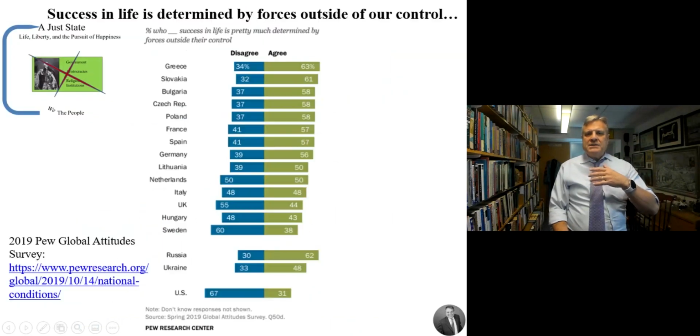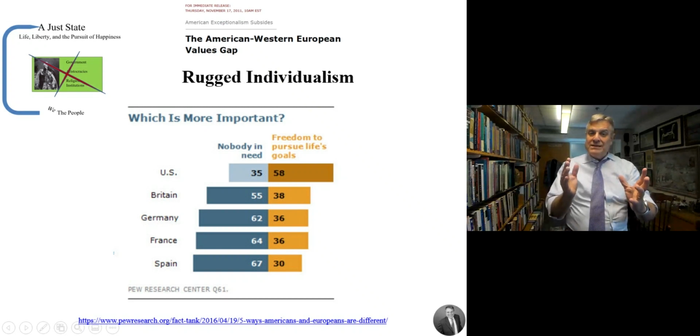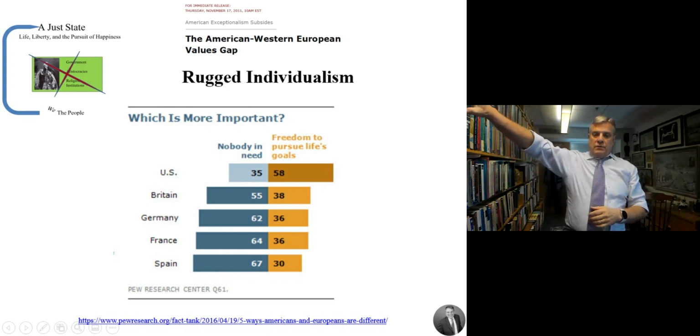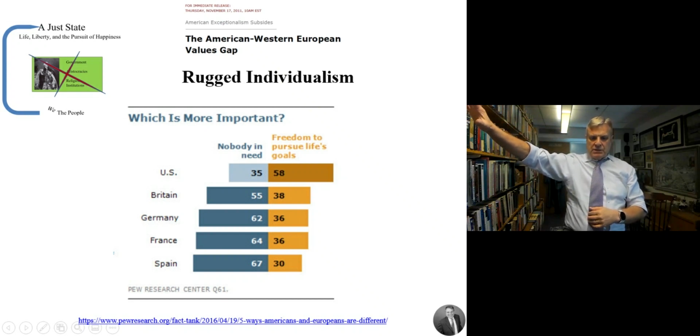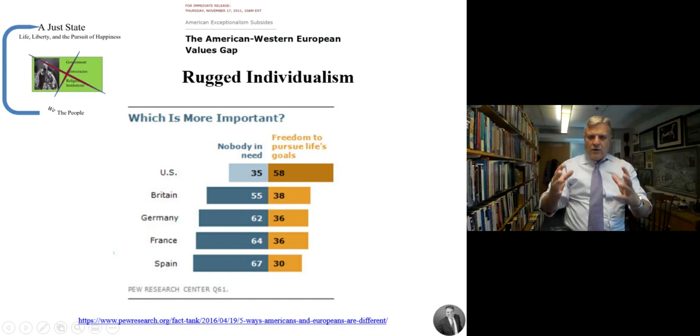And if you go back to this previous slide, what's more important? That nobody is in need, or the freedom to pursue life's goals? So, old Europe, even they had their republican revolutions of different sorts and order and timing, still maintained many of the vestiges of a hierarchical, centrally located system.